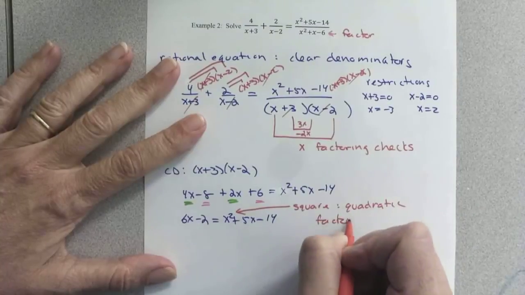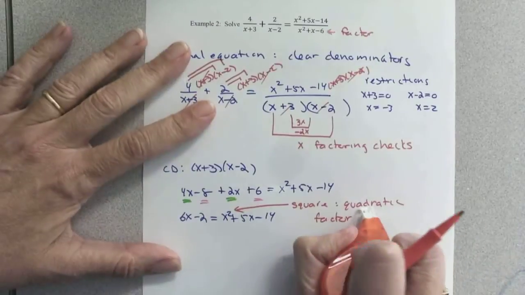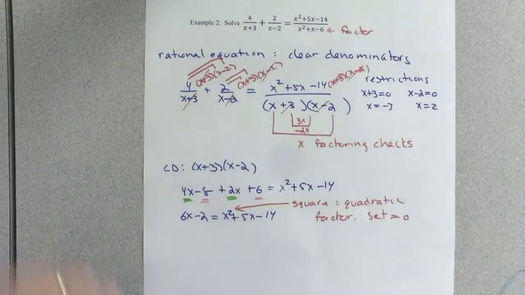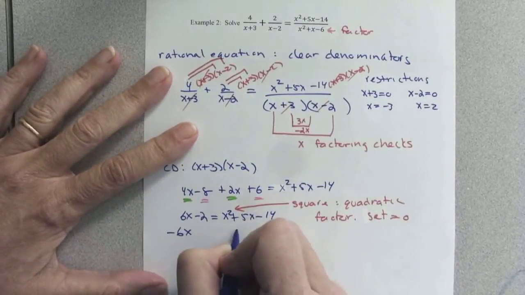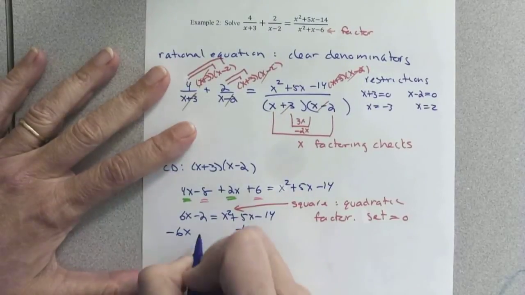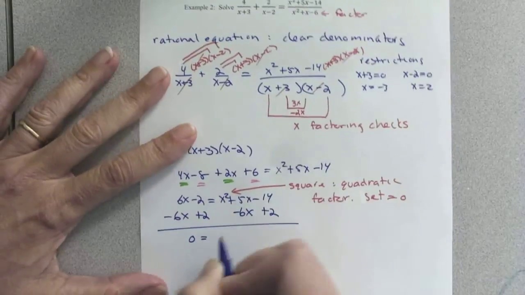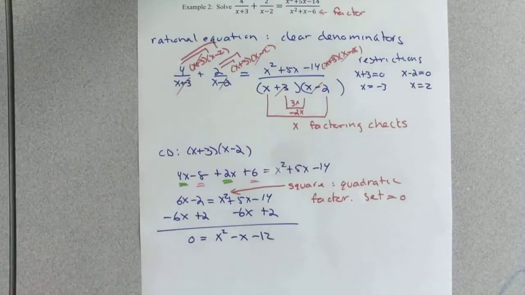We're going to factor. But my first step is to set it equal to 0. And again, it doesn't matter what side the 0 is on. So I'll subtract the 6x from both sides and add the 2 to both sides. And I get 0 equals x squared minus x minus 12.